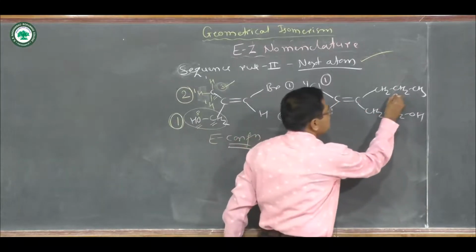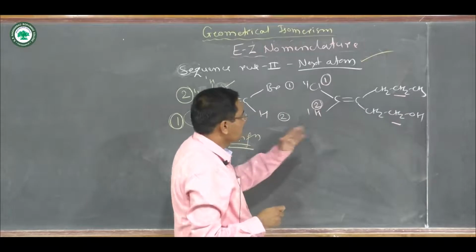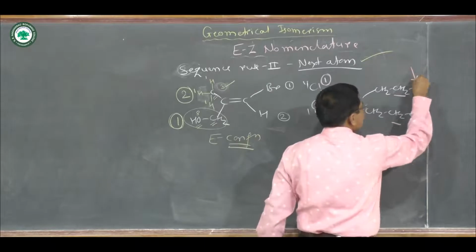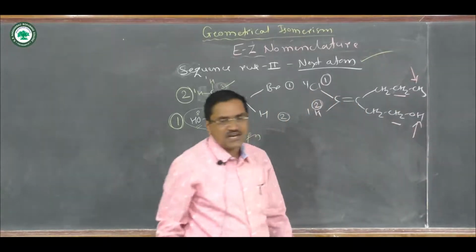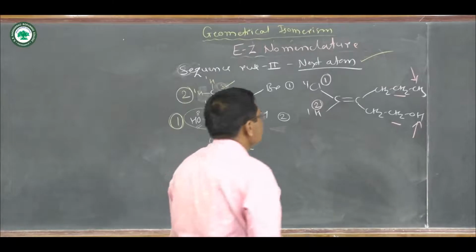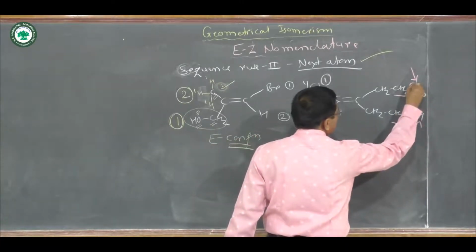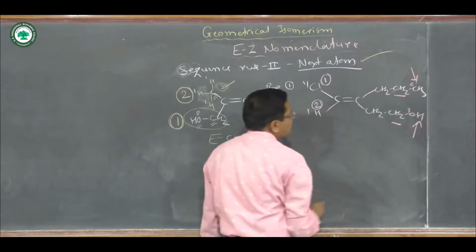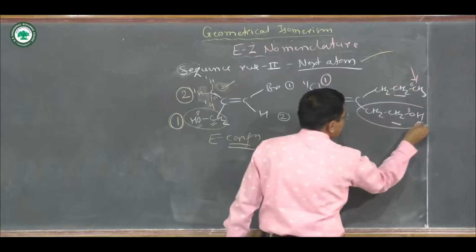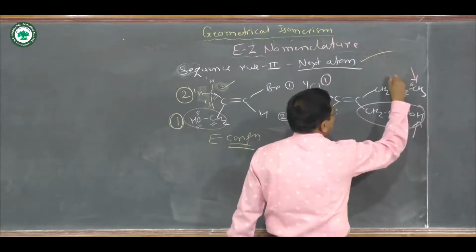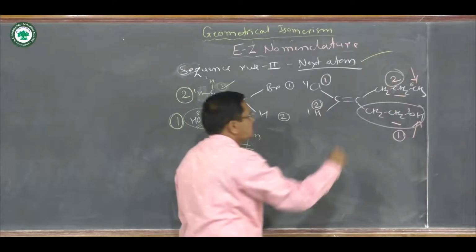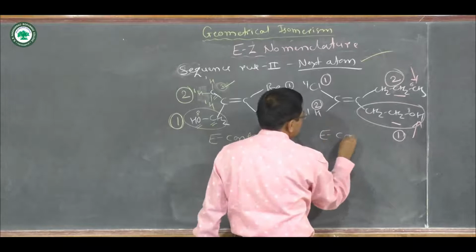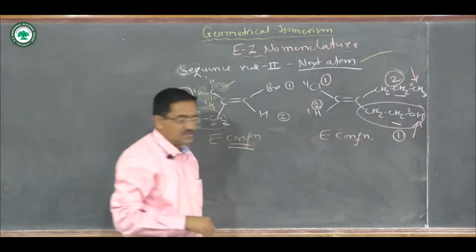Again there is a problem because this CH2 and this CH2 are the same, so we move toward the next atom. So this CH3 and this OH decide which one has more priority. This carbon atom has atomic number 6 and this oxygen has atomic number 8, so this group has the first priority and this group has the second priority, and that's why this is the E configuration.